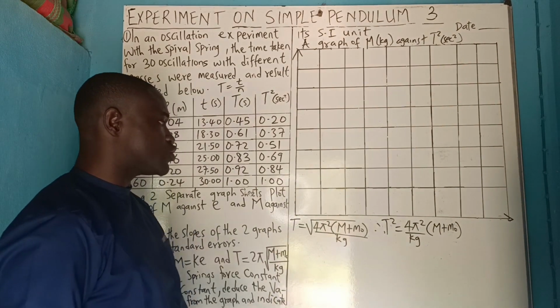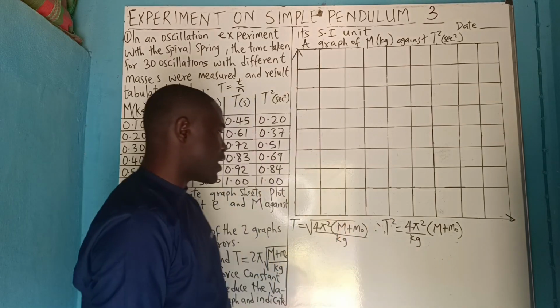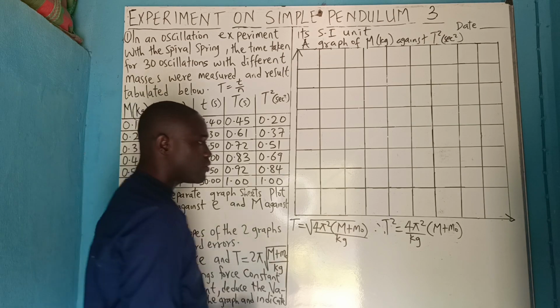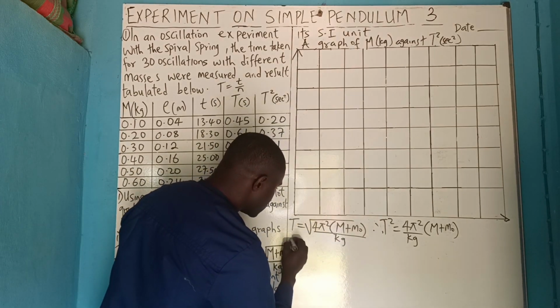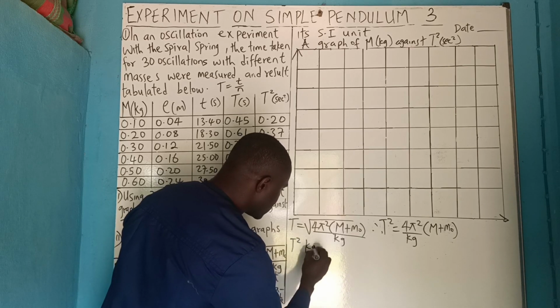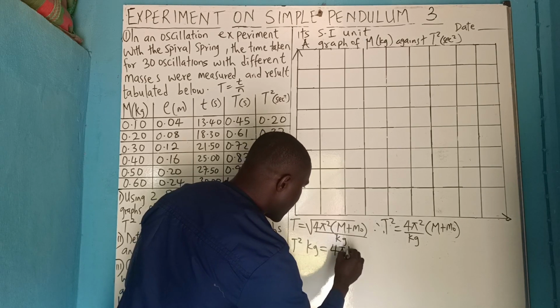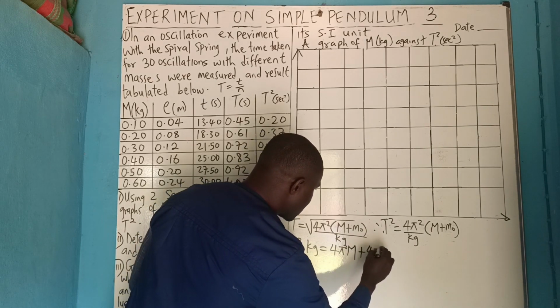Now see what you have to do. We want to make m the subject of the formula. That is the essence of what I am doing now. To make it the subject, multiply through. We have T squared kg is equal to 4 pi squared m plus 4 pi squared m0.